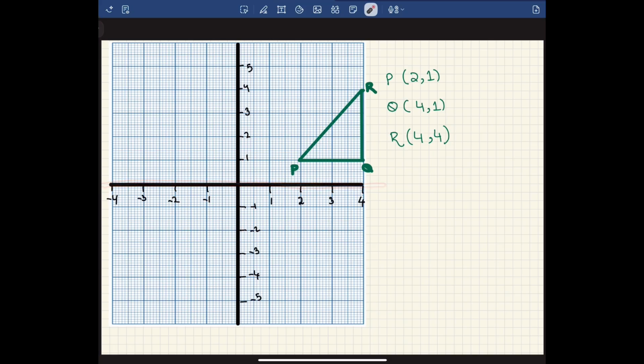Okay, so this is our line of reflection. We have a horizontal line of reflection.